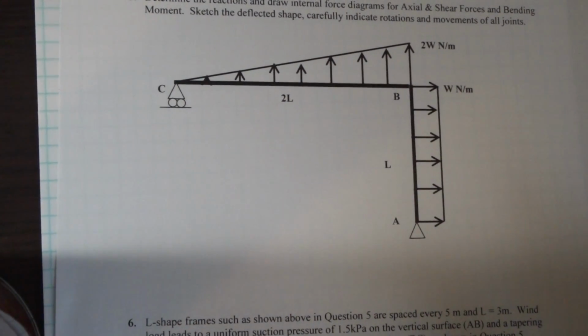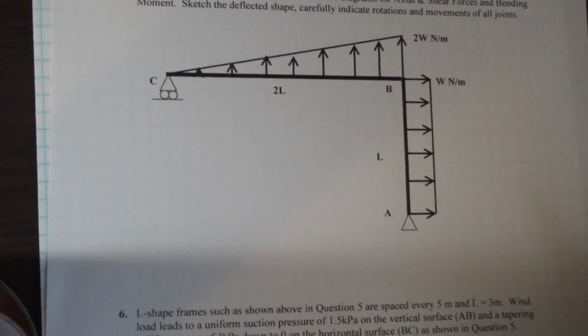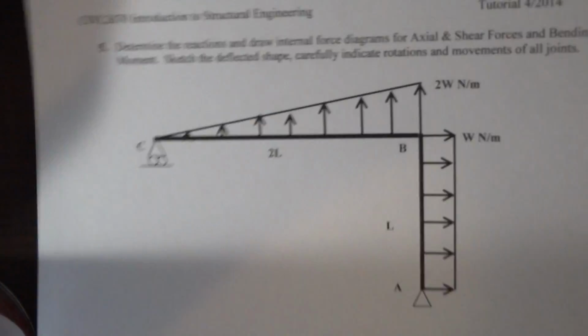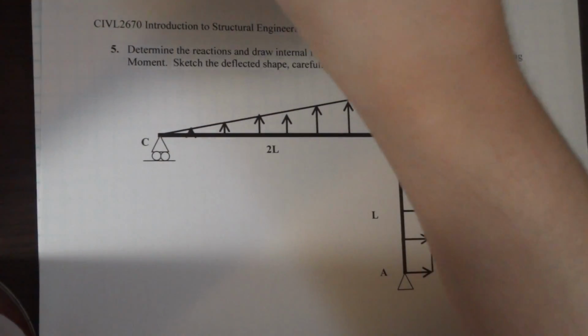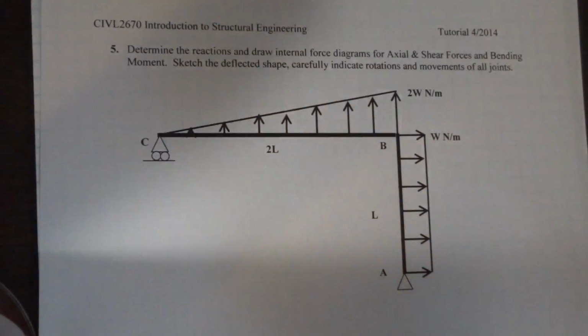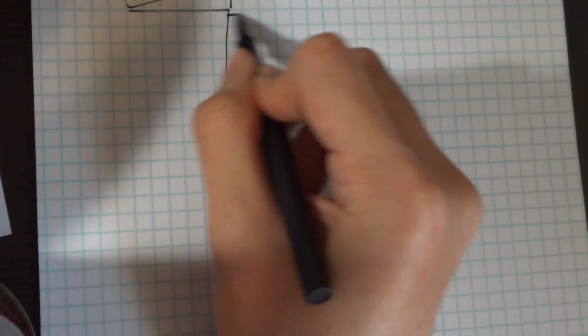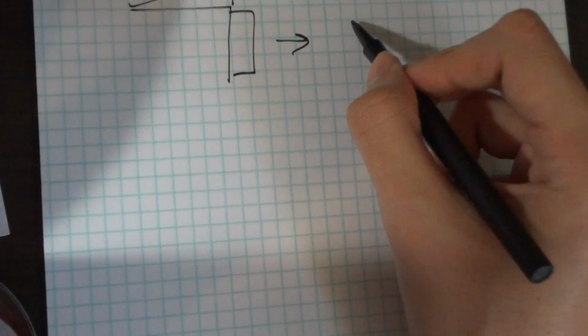Okay, so problem 5 again is very similar to problem 4. And one way to think about this problem is that this is equivalent. So this is your problem, right? This is equivalent to just flipping it backwards.